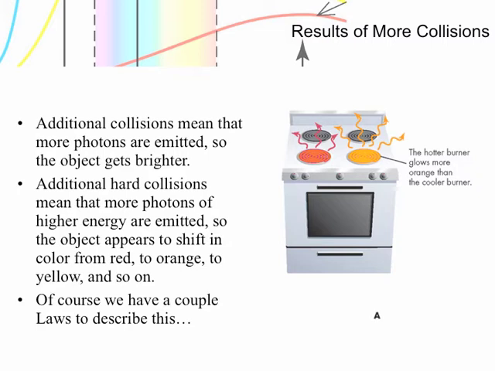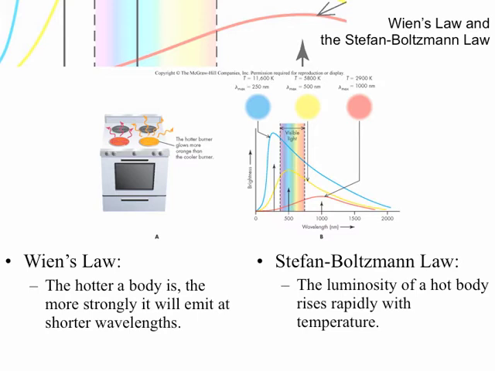When objects heat up, they also change colors. Because blue is a more energetic form of light than orange or red, we know that it must be a hotter object. To summarize these 2 points, we have Wien's law and Stefan-Boltzmann's law.